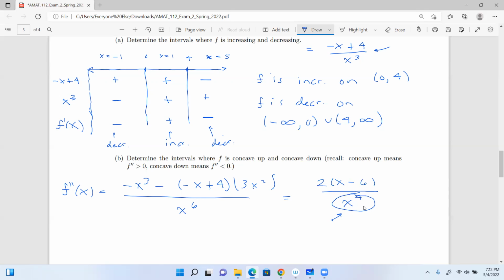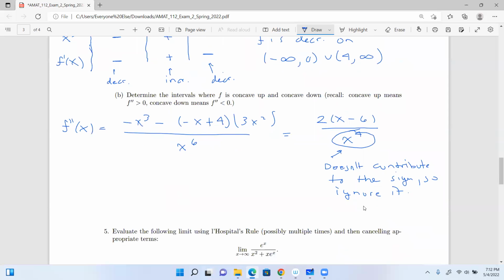So we can ignore it. So the sign of the second derivative is going to be completely determined by the numerator. But the 2 is always just positive, so all we care about is the x minus 6.